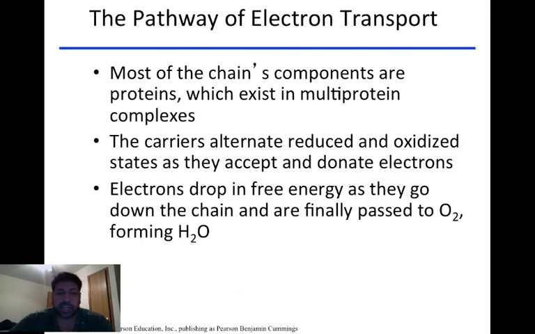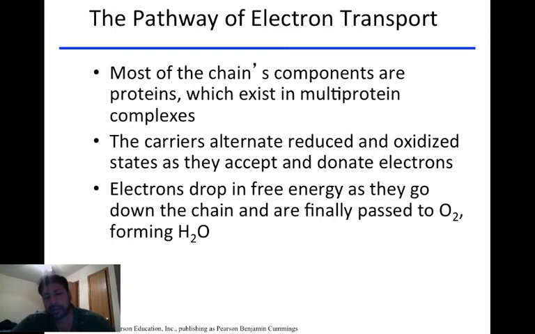Again, this is just covering the pathway of the electron transport. So again, most of the chain's components are proteins, which exist in multi-protein complexes. The carriers alternate reduced and oxidized states. As electrons are moving through, certain carriers are giving up electrons, so they're being oxidized.